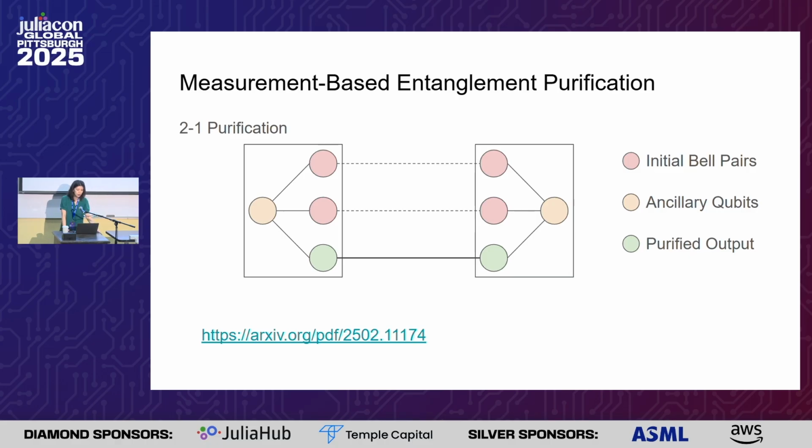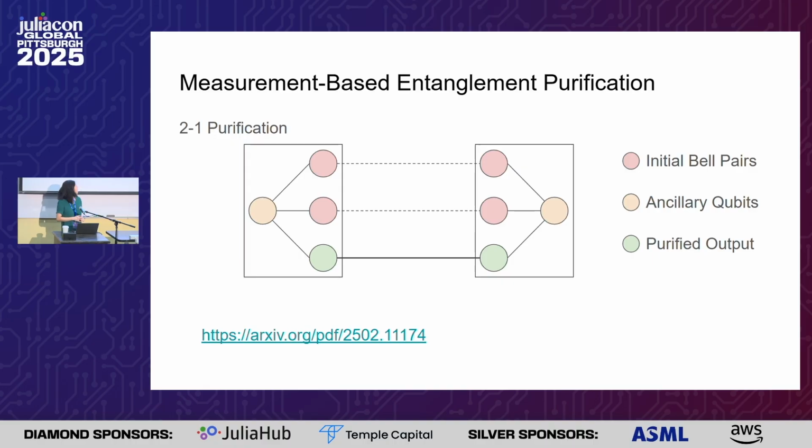Okay, so now we'll see how these metadata tracker and synchronization work in a full stack example. Here, what we're trying to do is a 2-to-1 purification or distillation, same thing.